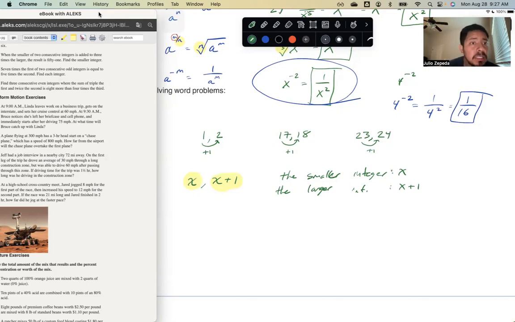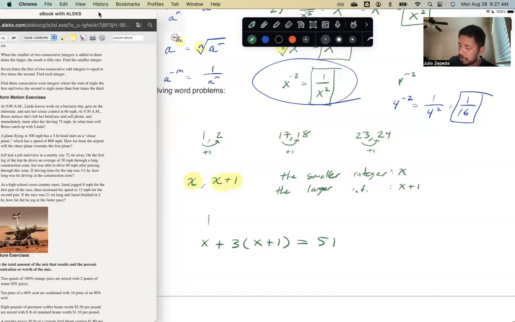And then, okay, let's see. When the smaller of 2 consecutive integers, so here's the smaller, is added to 3 times the larger, the result is 51.